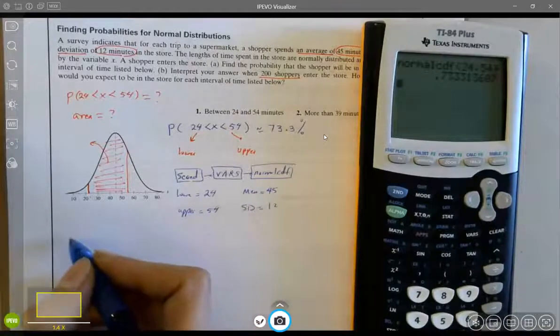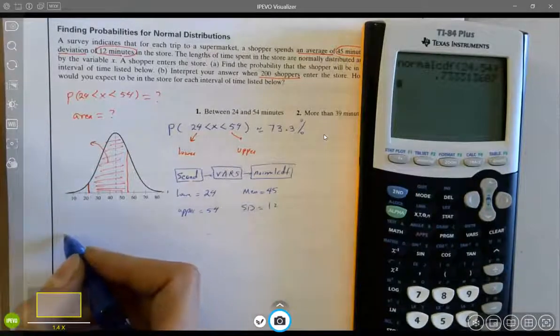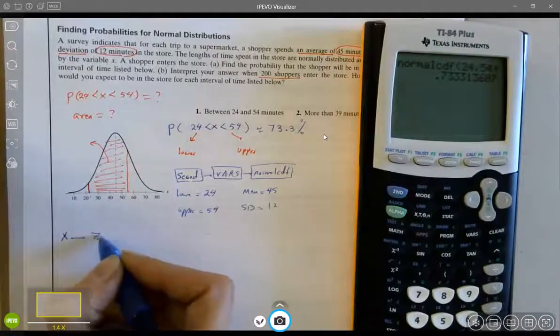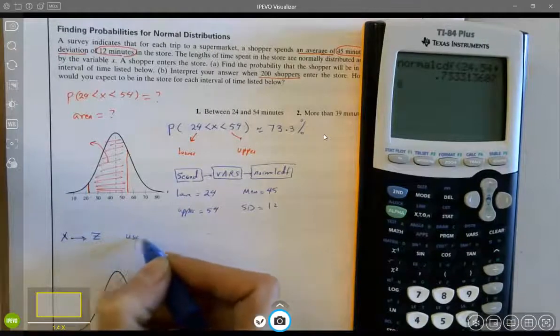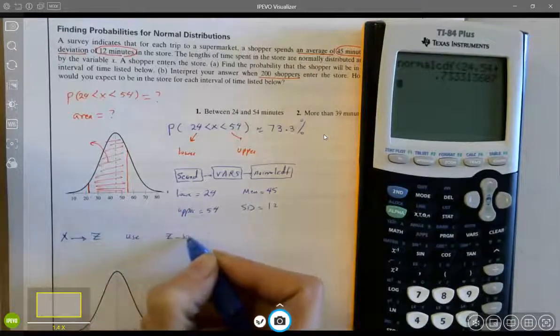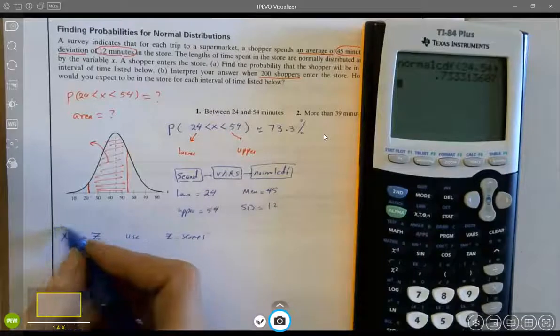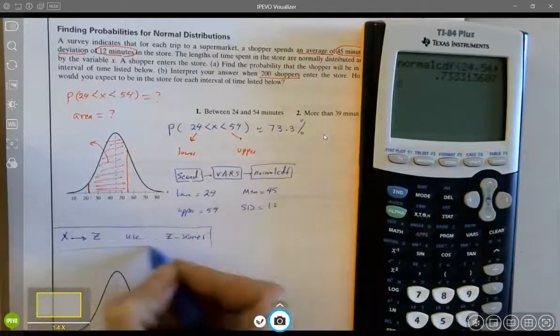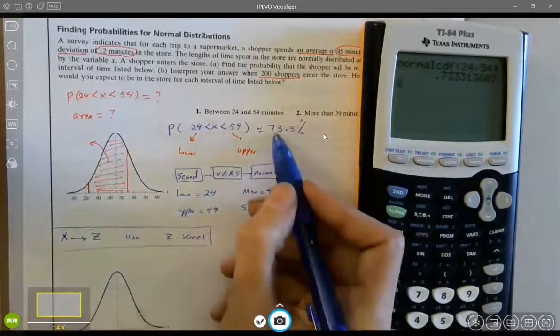Again, note that you can also convert X values to Z values and use Z scores. We get the exact same result.